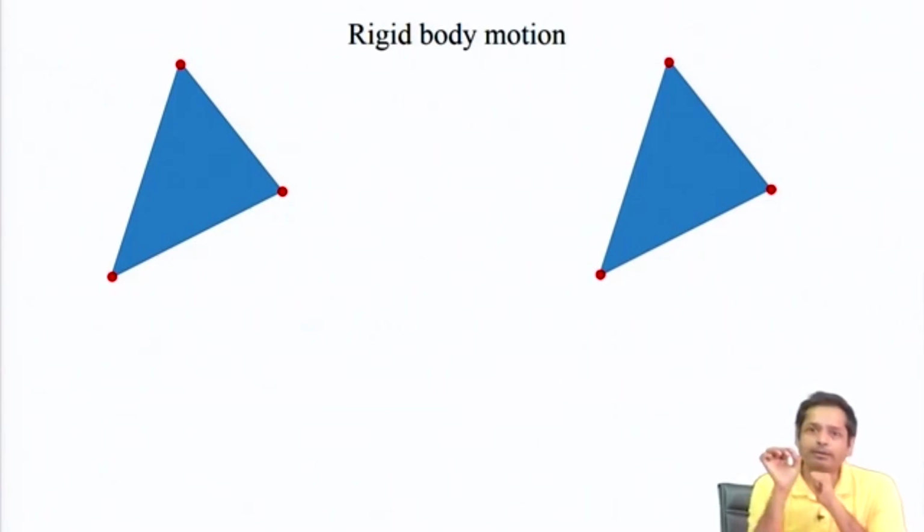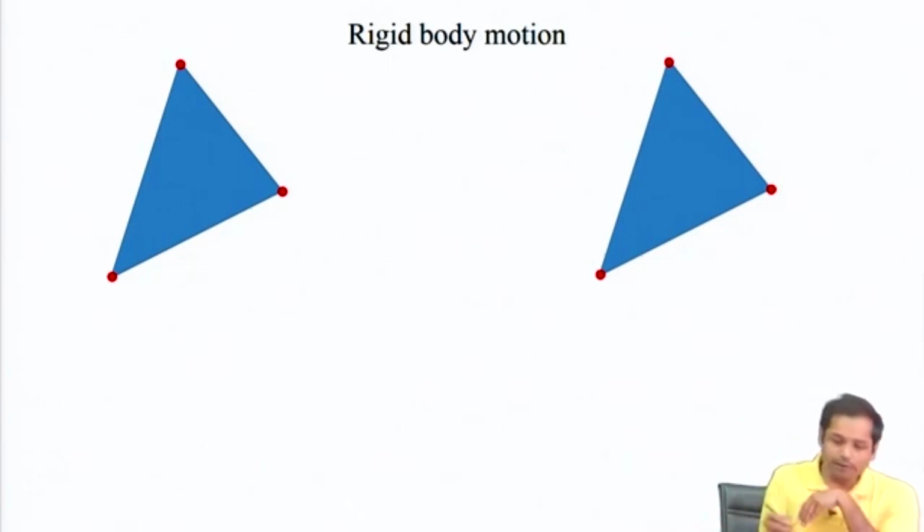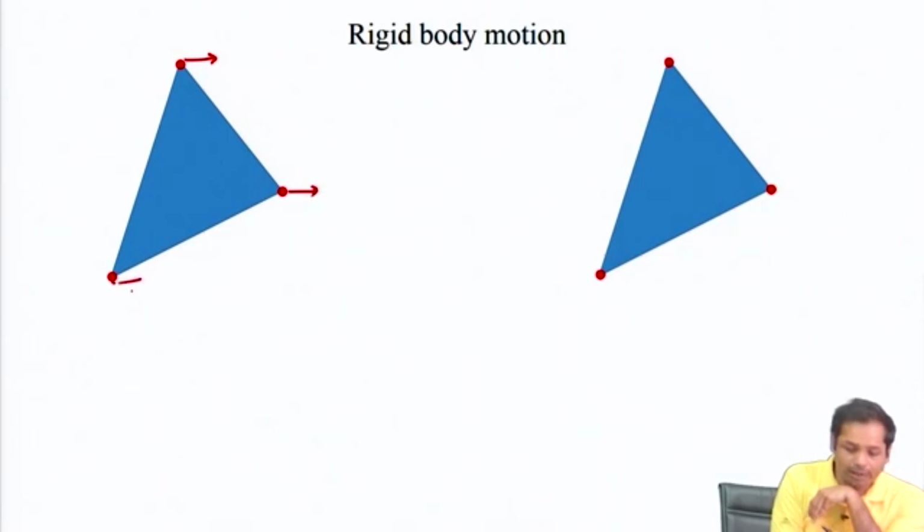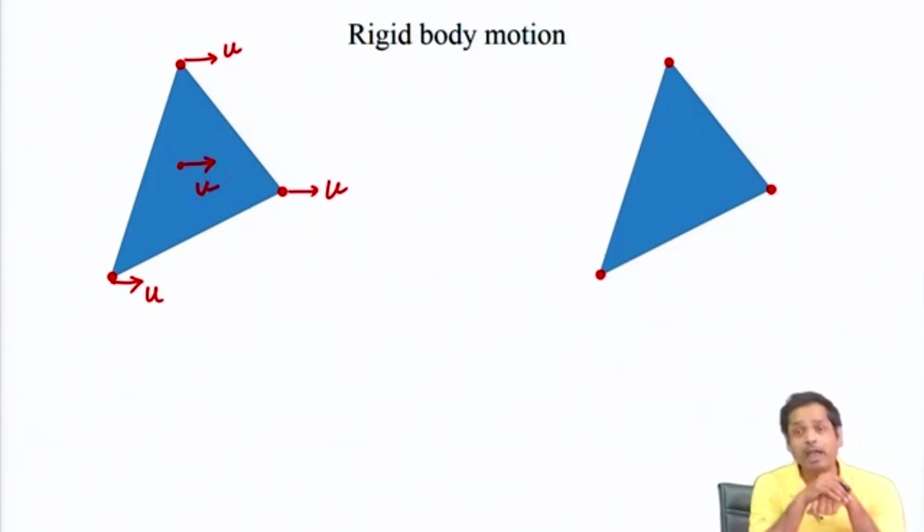At every point, the displacement will be the same. If the displacement is u here, it is u here, it is u here, or at any arbitrary point, it will be u. And the strain in the body will be 0.